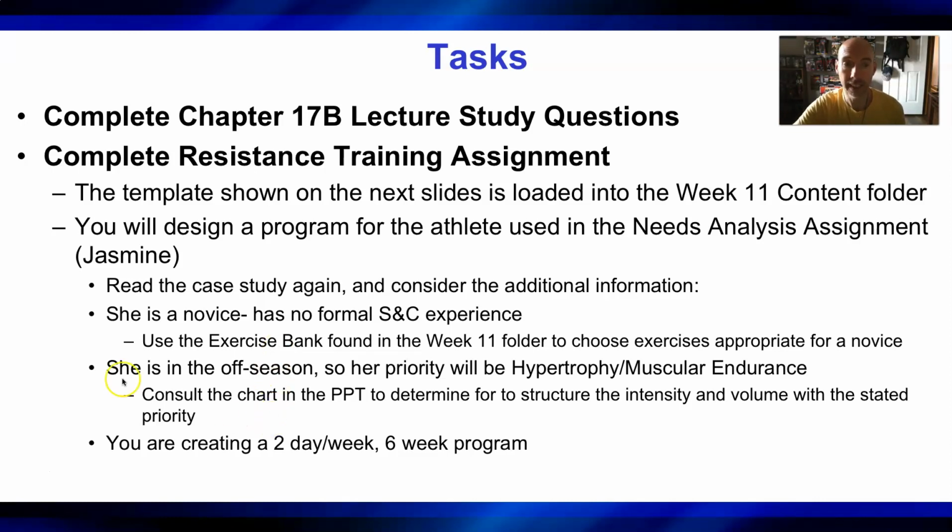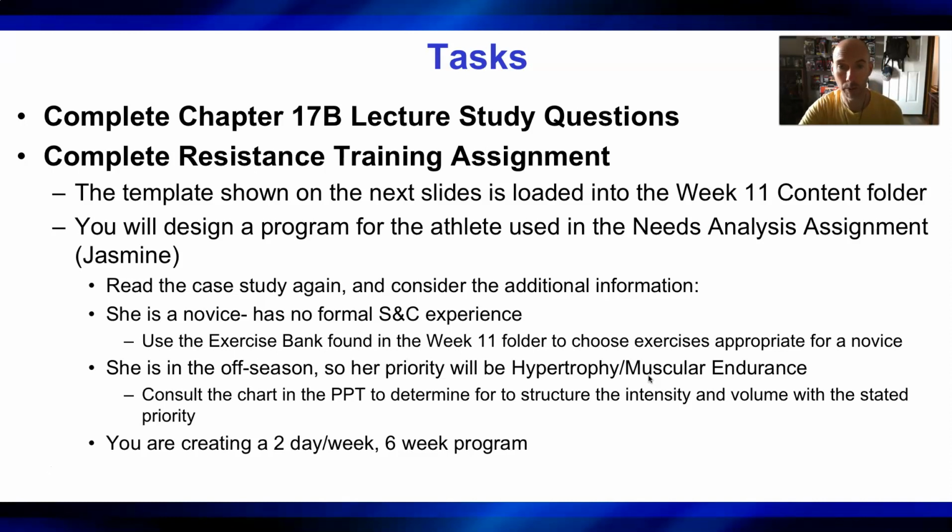Secondly, she is in the off season, so the priority of her training is going to be hypertrophy and muscular endurance, okay? So there is a chart in the PowerPoint that tells you the rep range and the set numbers you will use for somebody in the hypertrophy muscular endurance phase, okay?